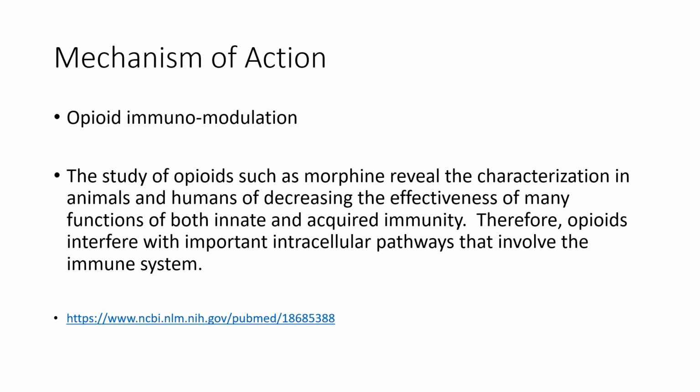Before we can have a good understanding of the MOA for LDN, we need to understand what opioids do to the immune system. There is an opioid modulation, and it's not a very good one actually. Studies have shown in the past, when researchers looked at the use of opioids from morphine to other synthetic opioid agents, that they decrease the effectiveness of the immune system, both the innate and the acquired immune system.